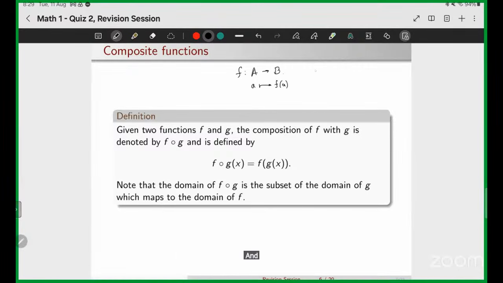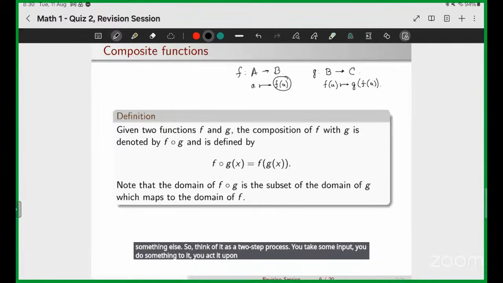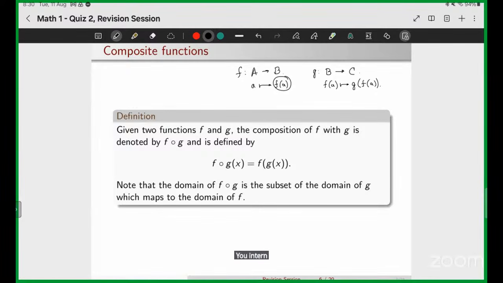And suppose I have a function g from B to C. I can act g on the output of f, and I'll get something else. So think of it as a two-step process. You take some input, you act the function f on it, and on the output that is produced, you in turn act g. So this is what is called composition of functions.